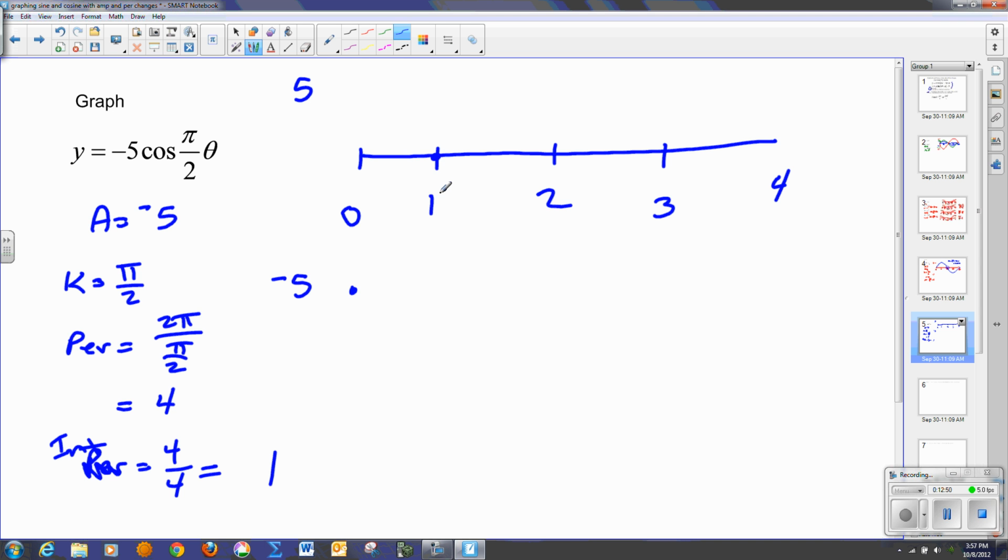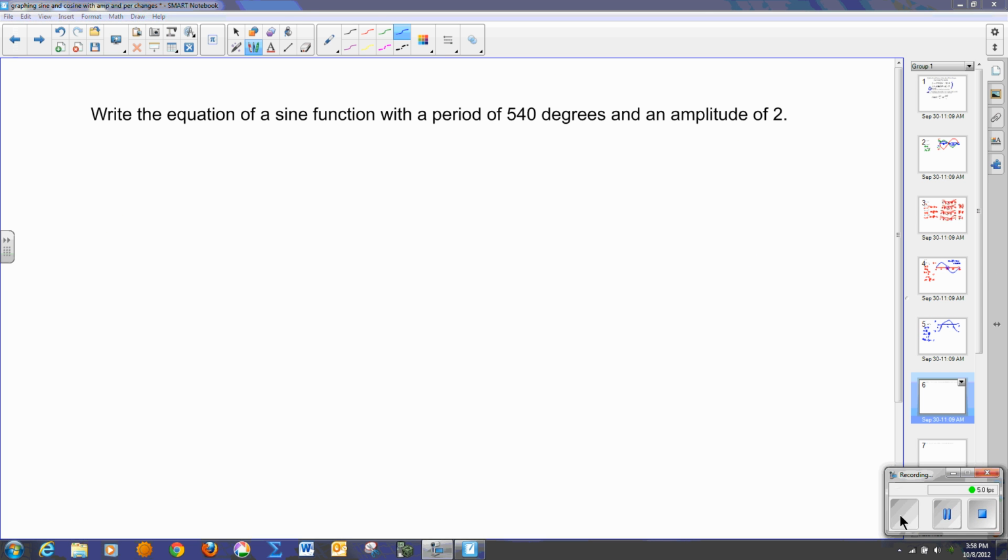Then I go to my first axis, or my positive y-axis, and I get a value of 0, 1, 0, -1, and here is my reflected cosine function with the new intervals built in.